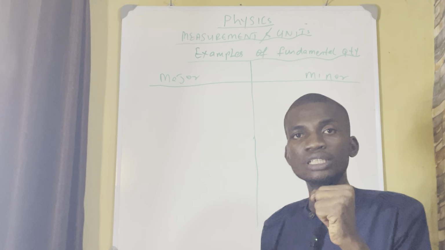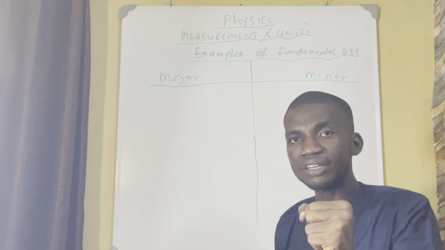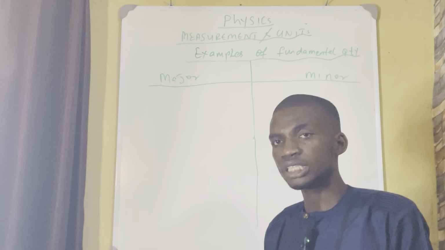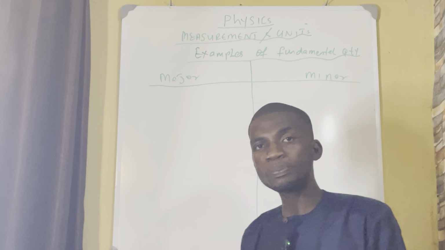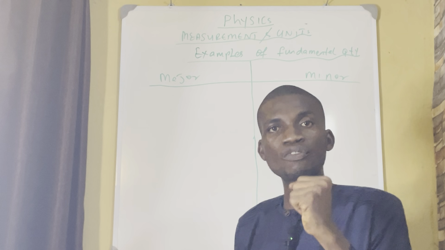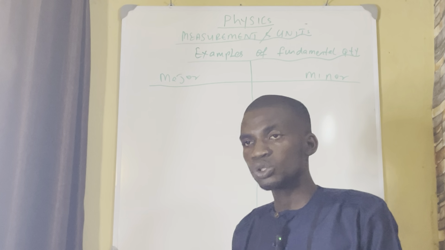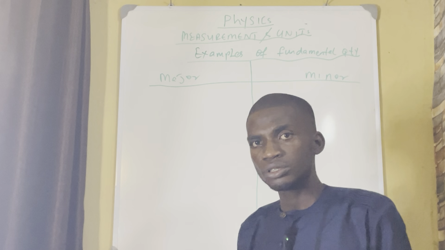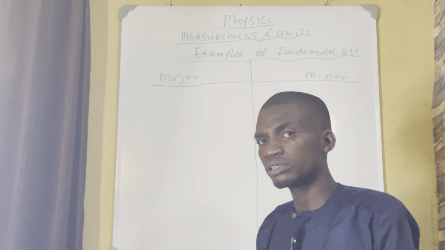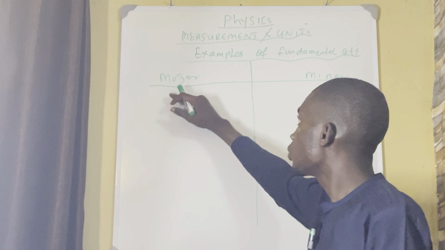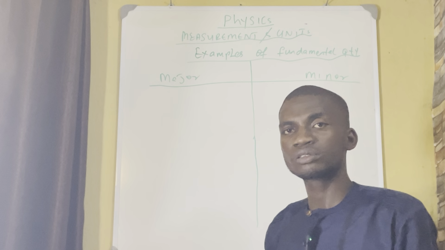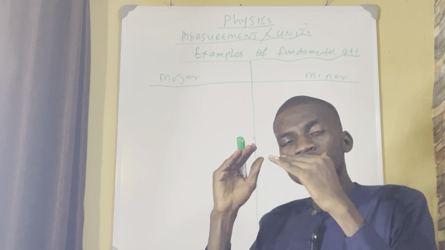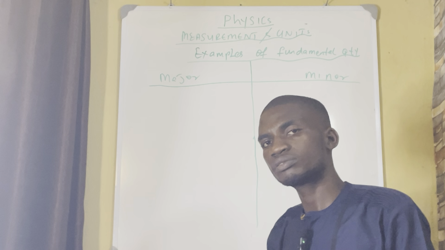Fundamental quantity cannot be derived. They don't have any formula. They are independent. That's how to know a fundamental quantity. For example, you can't get a formula for mass. You can't have a formula for time. No formula for length. They are called fundamental quantities. You understand? They are independent quantities.